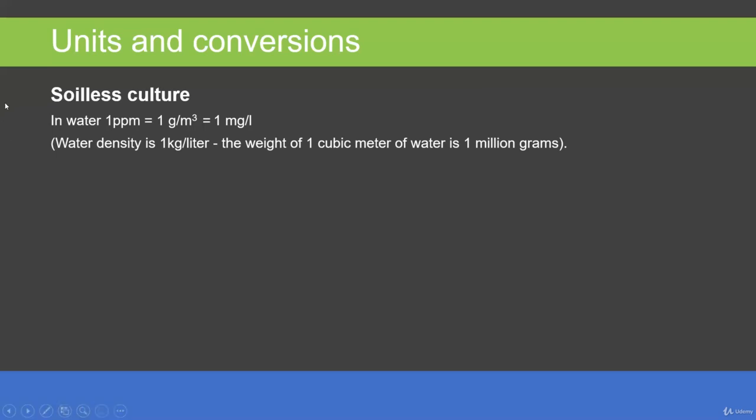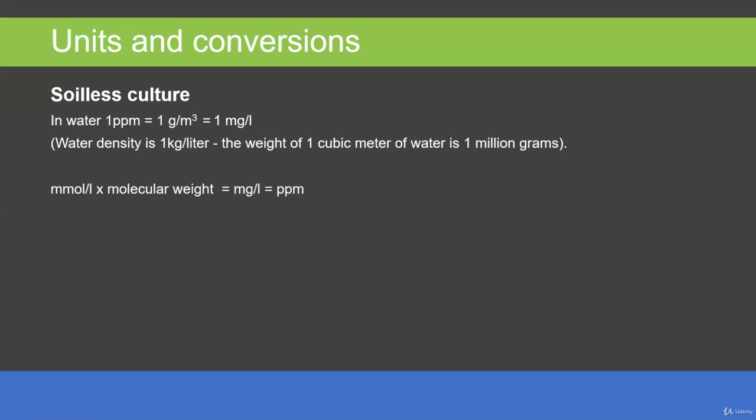So 1 part per million is 1 gram per cubic meter. This is why we can do this conversion. When we talk about parts per million, we have grams and cubic meters. Grams are weight and cubic meters are volume. The reason we can do this conversion is because the density of water is 1.